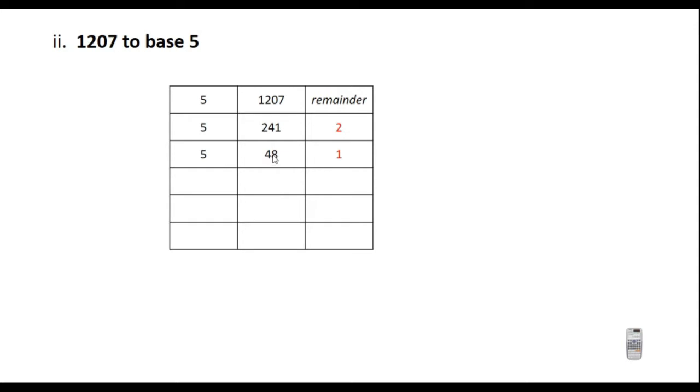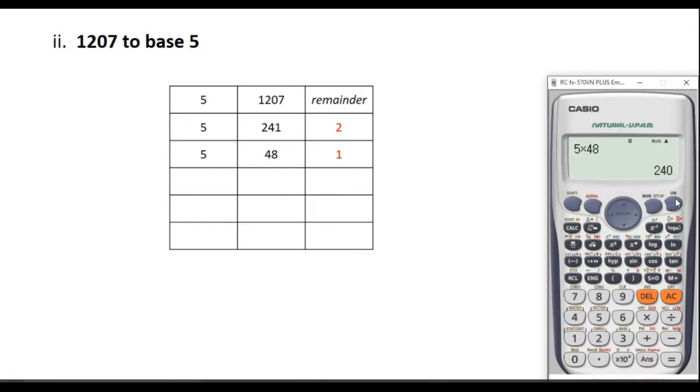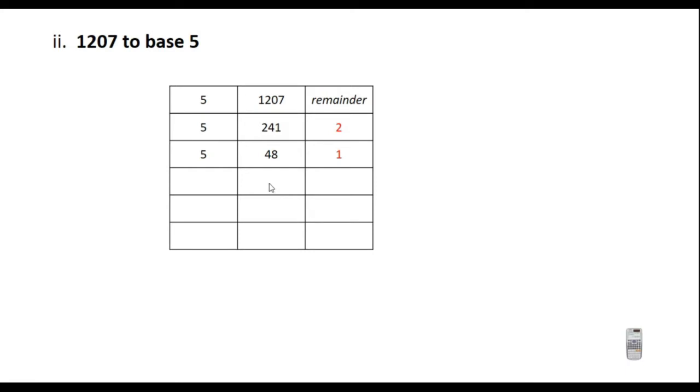The next one, divide 48 by 5, and we are getting 9.6. So the whole number is 9, and you write 9 here.